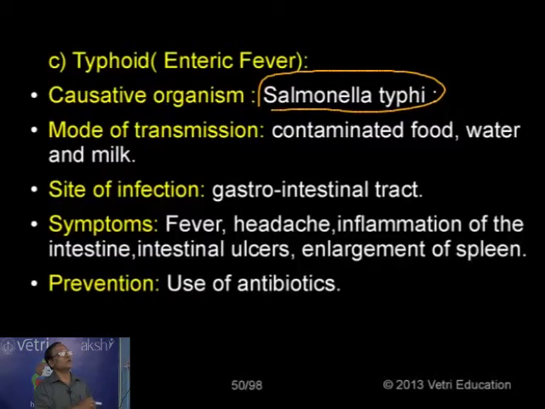Once again, it is a water and foodborne disease, because it is transmitted through contaminated food and water. The site of infection, as I mentioned already, is the gastrointestinal tract, the whole tract being affected. In typhoid, there is fever, headache, and inflammation of the small intestine.